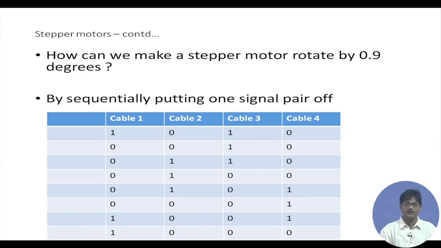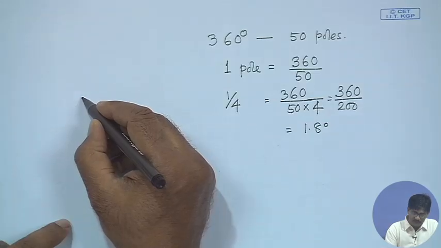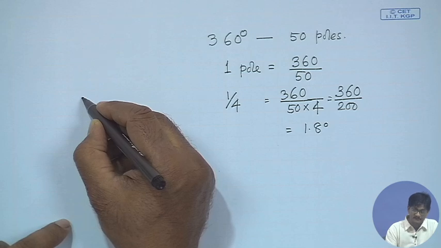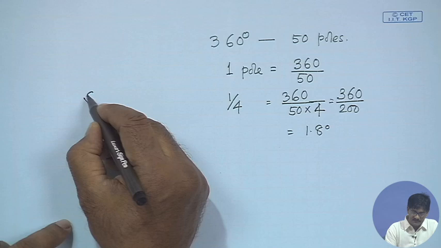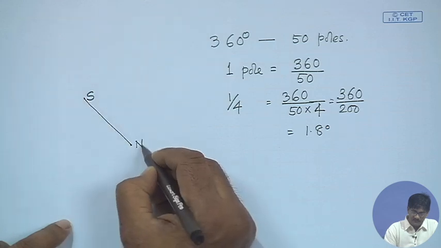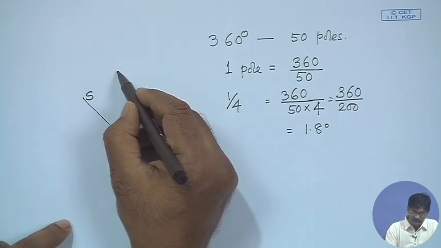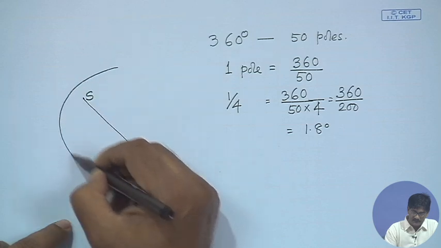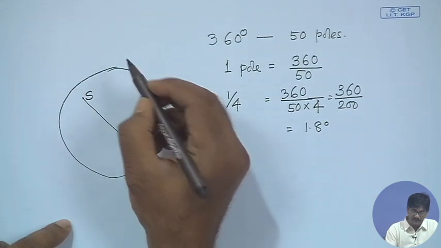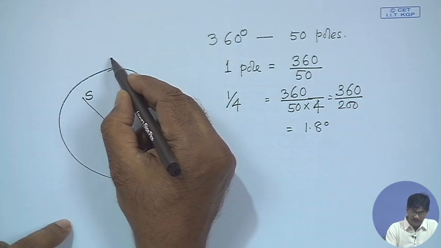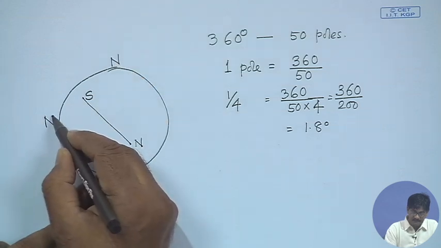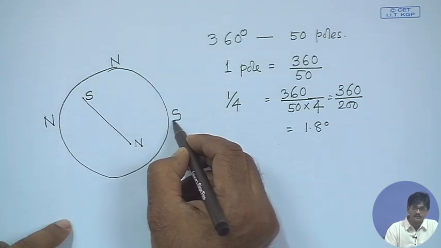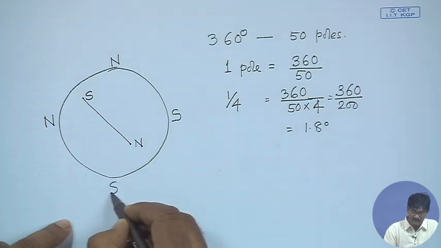Let us have a quick look at a simple model of 4 steps. This is my magnetic needle, this is the south pole, this is the north pole, and the stator is going to have, say, at one point north and north, south and south.